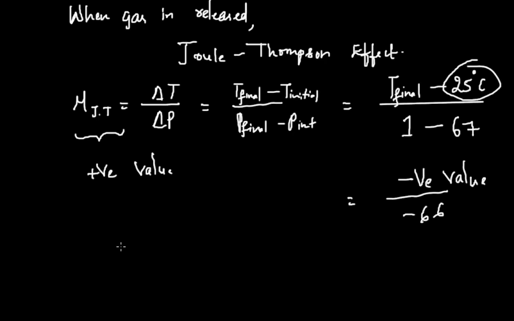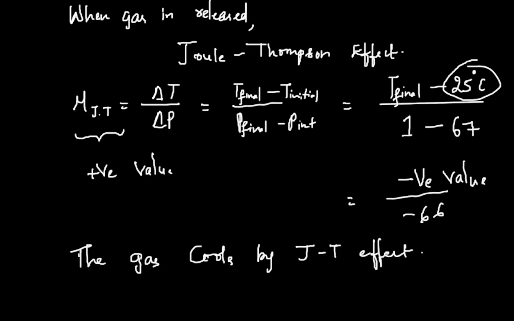The whole thing about the Joule-Thomson effect is the liquefaction of gases. Because the temperature decreases, the gases liquefy or solidify. They condense. So the gas cools by the Joule-Thomson effect.